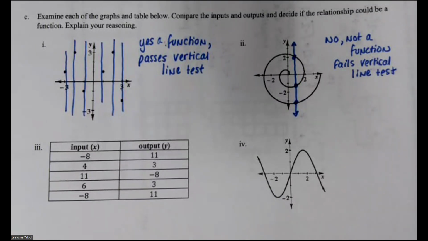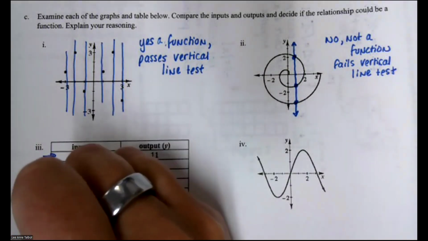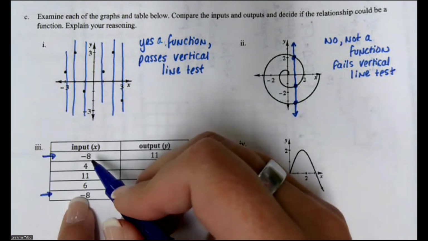Okay, scooching down. What about this table? I'm trying to trick you with this table, by the way. Is this table a function? Yes, it is. These two, you're like, oh, but they're both negative eights.